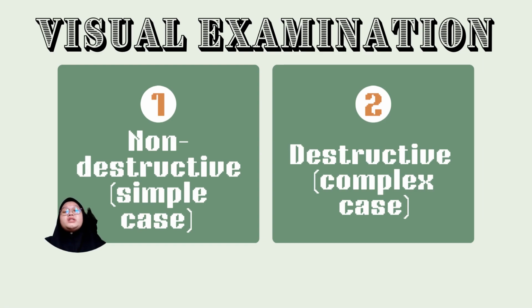The first approach in ink analysis is visual examination, which may solve simple and obvious cases in a non-destructive way. This approach is preferred because it preserves the document's integrity as evidence.